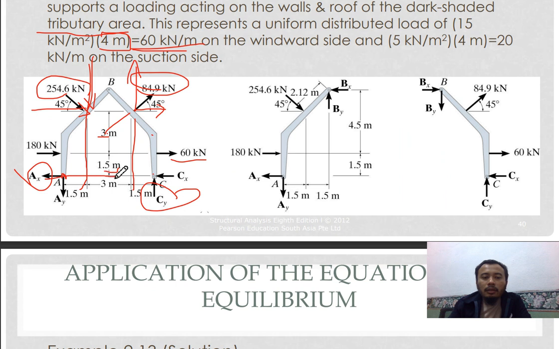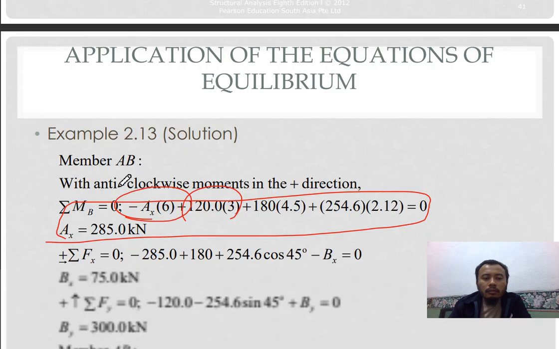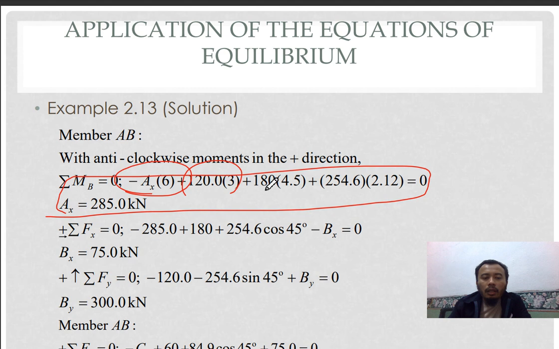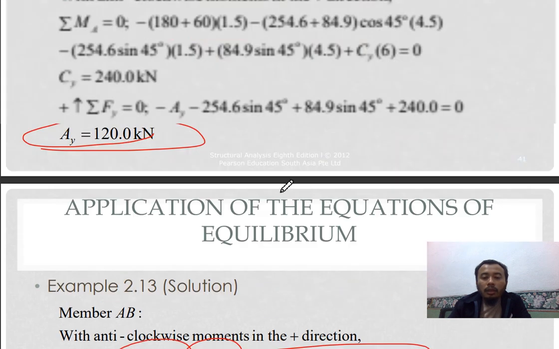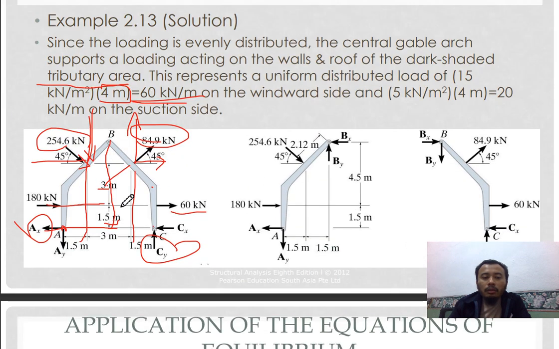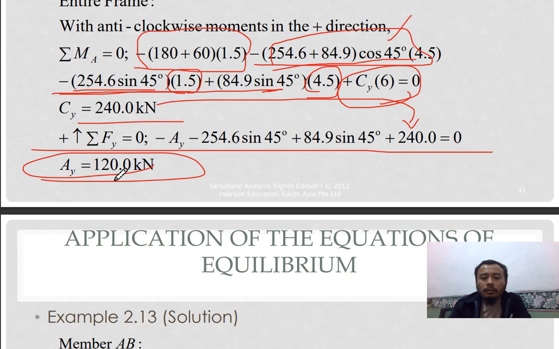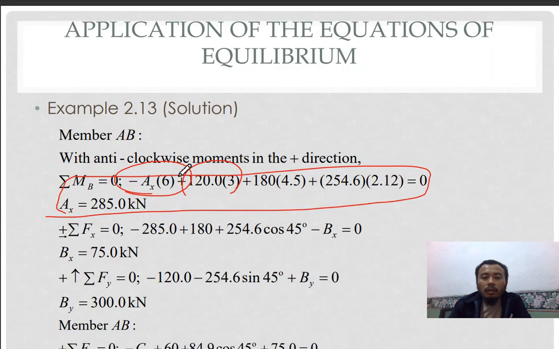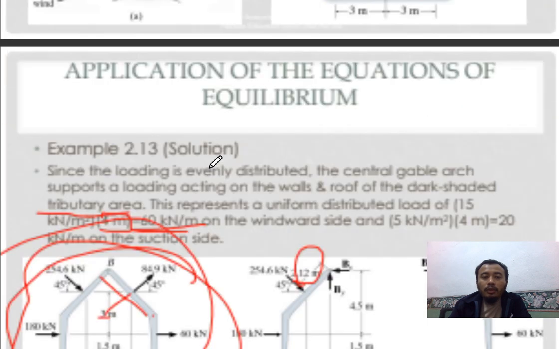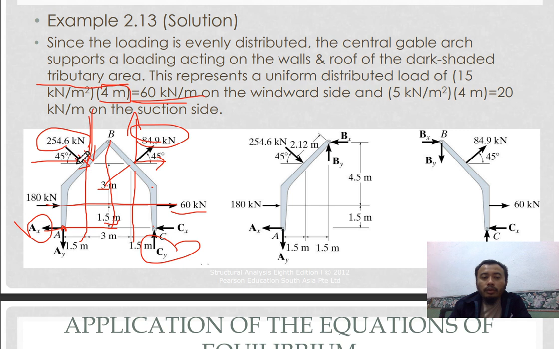AX moment arm up to B is 3 meters. And then 180 times 4.5, and then 254.6 times 2.2. Moment arm 2.4416 times 2.2.